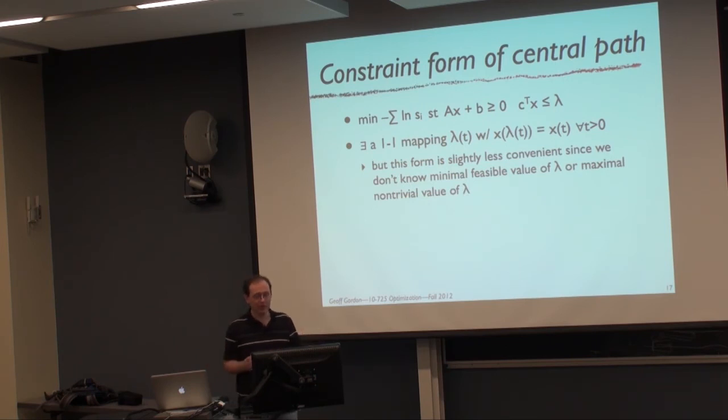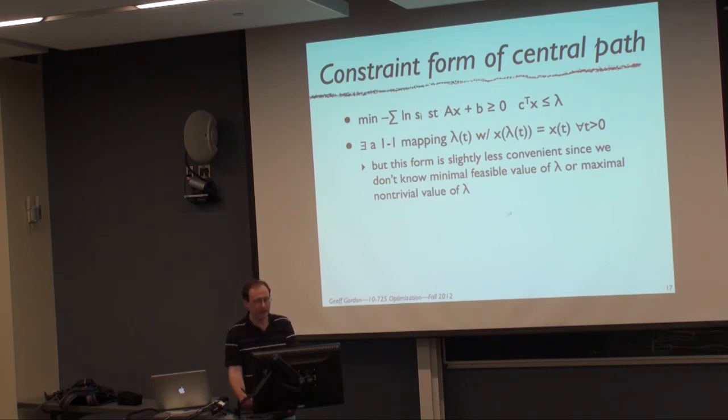Same thing is true here, right? So instead of putting C transpose X into the objective and scaling the relative importance of those terms, you could put C transpose X less than or equal to lambda as a constraint. And the lower lambda is, the more you're going to be pushing towards the boundary.